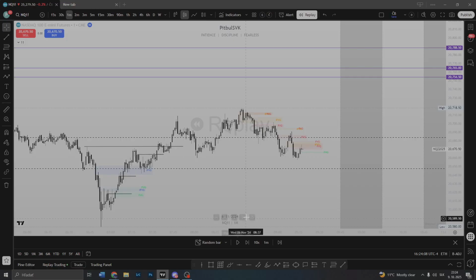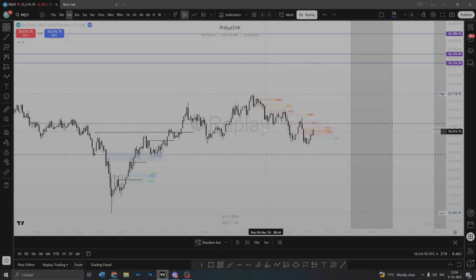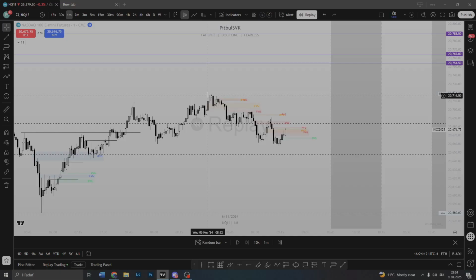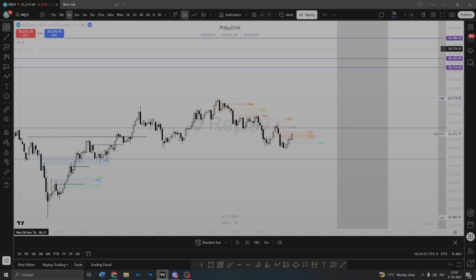Nothing crazy right here. Also time-wise, was 8:30 manipulation possible? It is manipulation, sweep, possible fair value gap, strong closure from SD point.